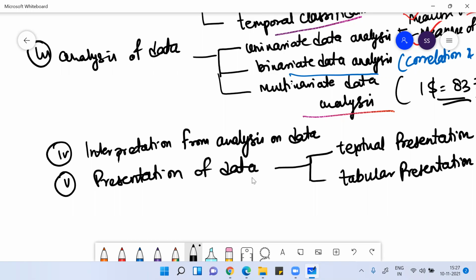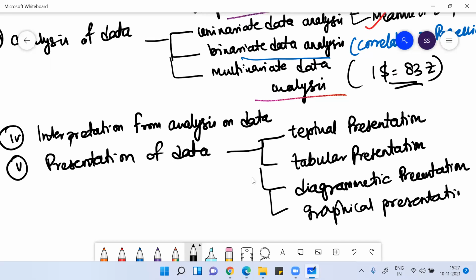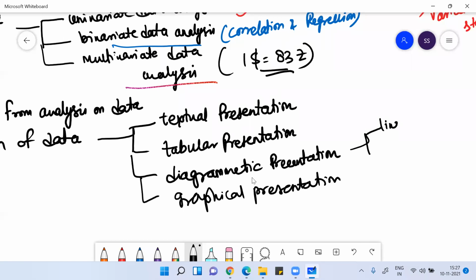After tabular presentation, we have diagrammatic presentation, and then we have graphical presentation. In diagrammatic presentation, we'll talk about line diagram, bar diagram, and pie chart.